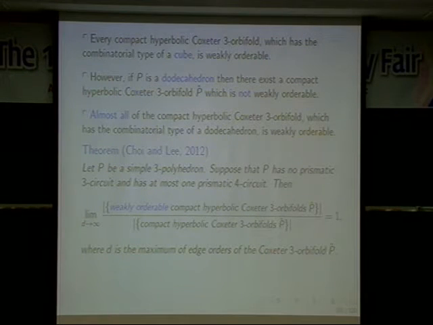In this case, we consider weakly orderable hyperbolic Coxeter 3-orbifolds, where D is the maximum edge order of the Coxeter 3-orbifold. Then this limit is in fact identically 1. So in this sense, we can say almost all compact hyperbolic Coxeter 3-orbifolds of dodecahedron type are weakly orderable.